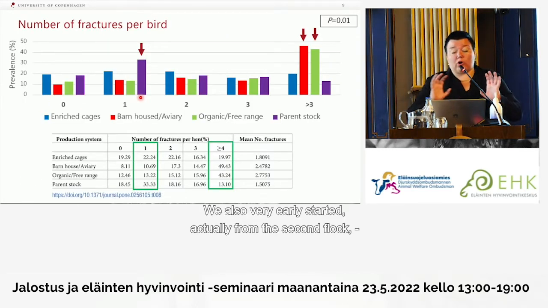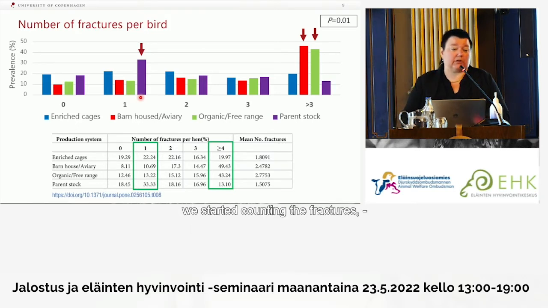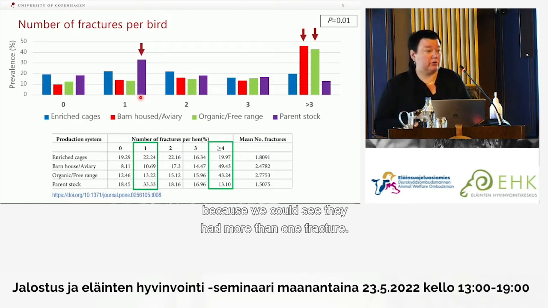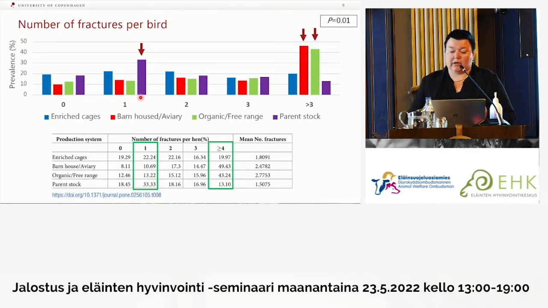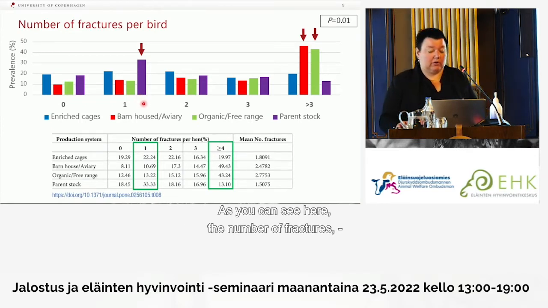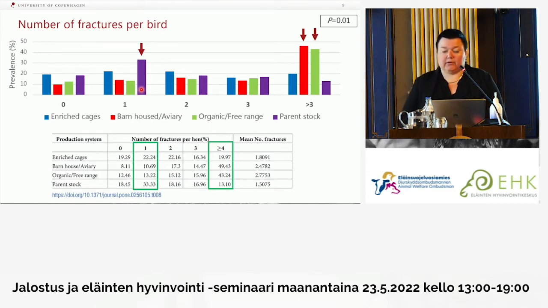Very early, actually from the second flock, we started counting the fractures, because we could see they had more than one fracture. And here we could see a bit of difference in the production type. As you can see here, when we only had one fracture, the majority of the parent birds had only one fracture.